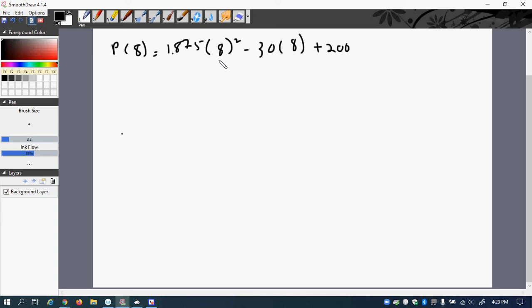8 times 8, which is 64, which is 8 squared. So 64 times 1.875, and then subtract 240 from that, because that's what 30 times 8 is, and then add 200, you get 80.